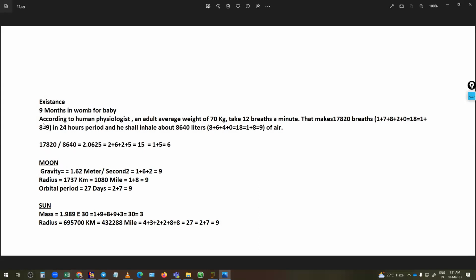According to human physiologists, an adult of average weight 70 kg takes 12 breaths a minute. That makes 17,820 breaths, equal to 9, in a 24-hour period, and he inhales about 8640 liters, equal to 9, of air.